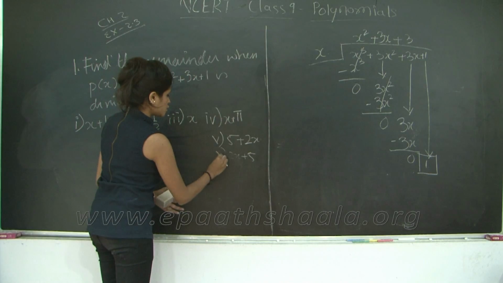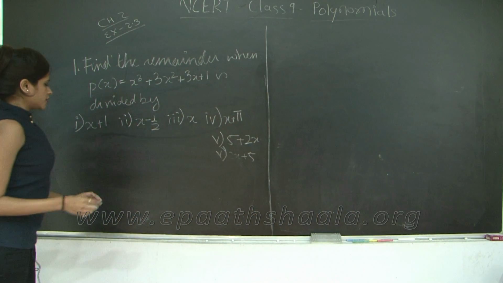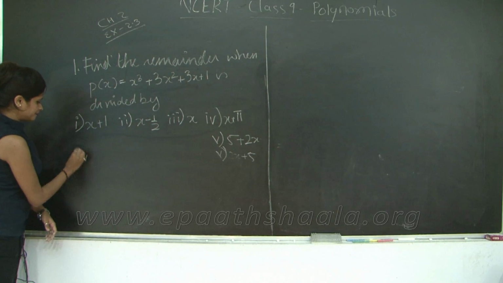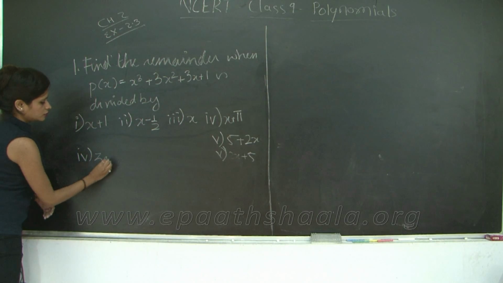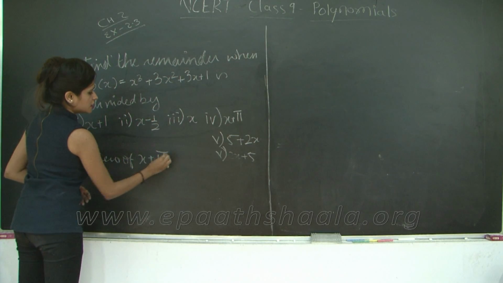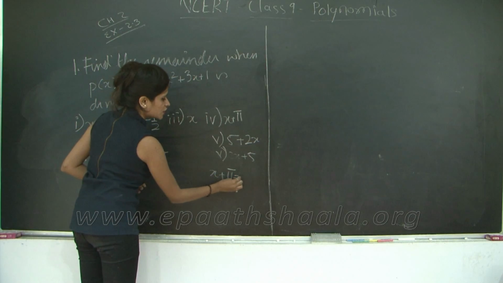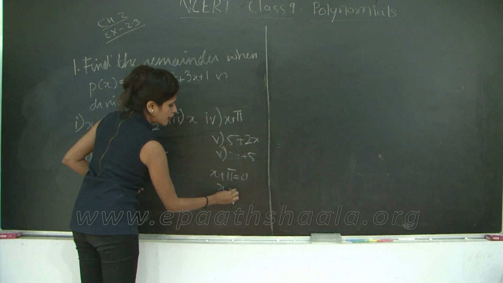Now we will go ahead and solve the fourth and fifth sum as well. So using the remainder theorem, the fourth sum, the zero of x plus pi is what? Let's find out. x plus pi is equal to 0, therefore x is equal to minus pi.